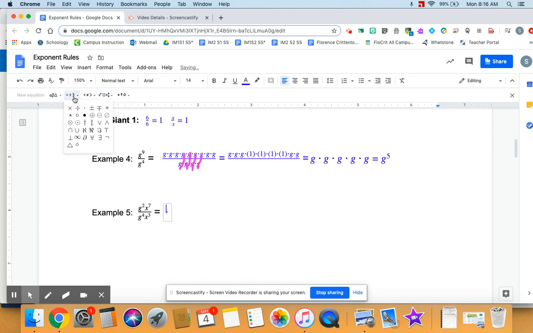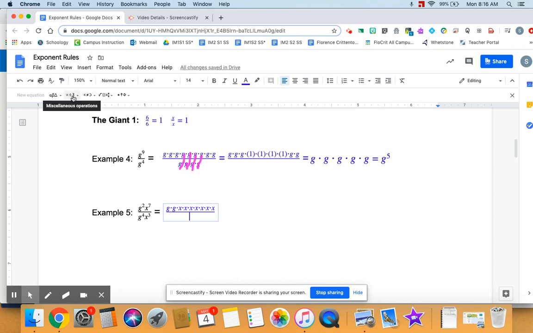So g to the power of 2 means I have g times g, and then x to the power of 7 means x times x times x times x, that's 3, 4, 5, 6, 7.